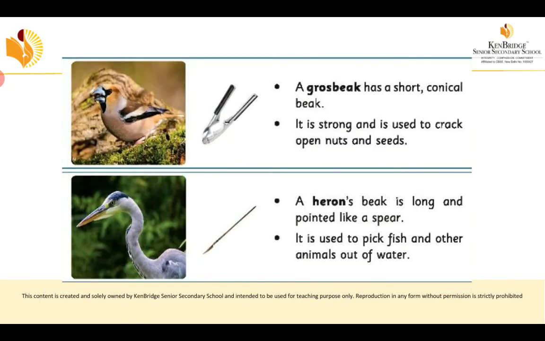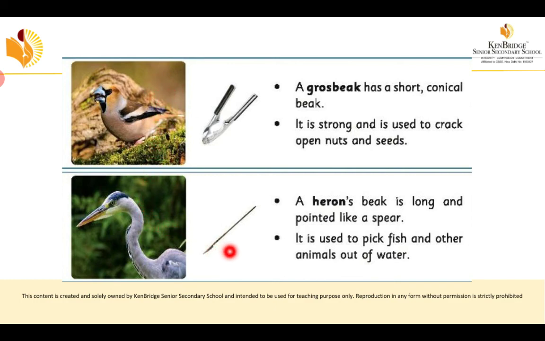The next is the grosbeak. See this bird. This bird has a conical beak. It is like a cone shape. It is very strong and used to crack open nuts and seeds. Using this, it can eat the nuts and seeds.